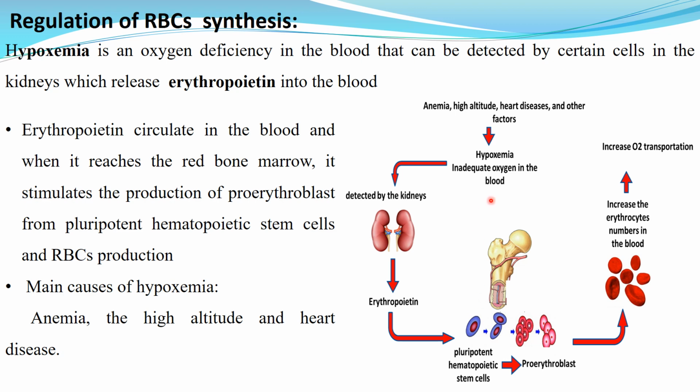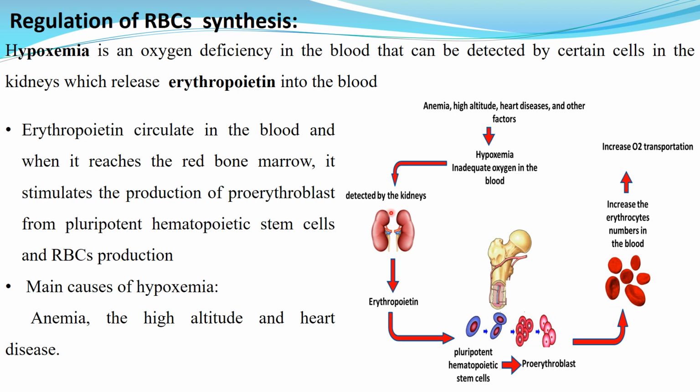Normally, when there is a reduction in the level of oxygen in the circulatory system or at the tissue level, which is called hypoxemia, a deficiency of oxygen in the blood, these changes can be detected by specific cells located within the kidneys, and they produce what?